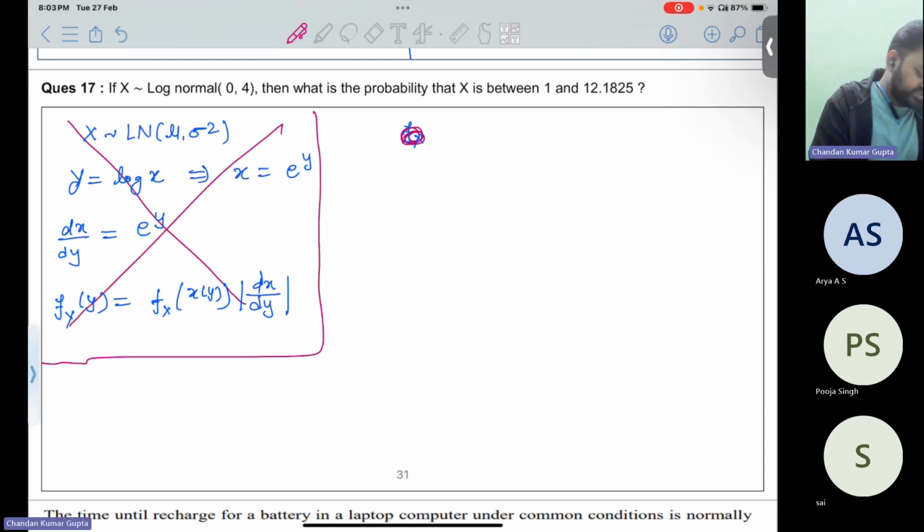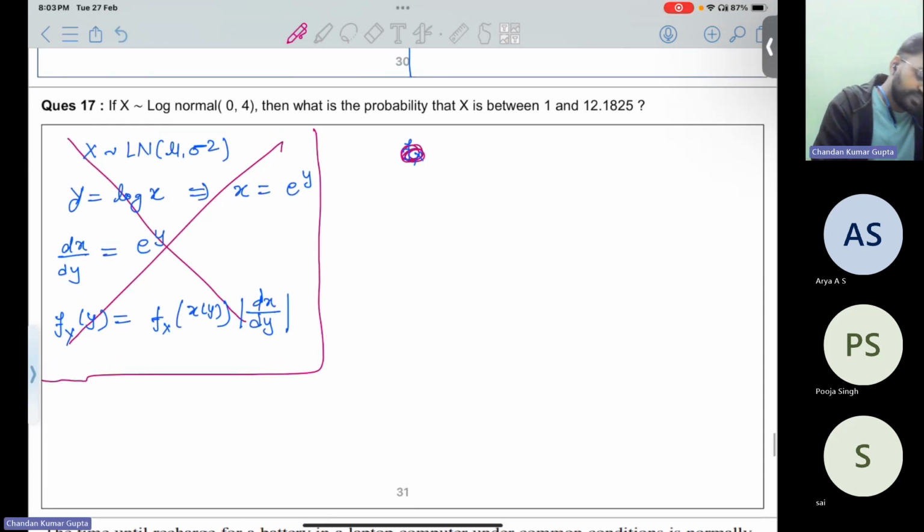Now the next question is: if x follows log normal 0.4, then what is the probability that x is between 1 and 12.1825? Okay, again, it is a yes. Anyone want to ask anything? Okay, then here x follows log normal 0.4.